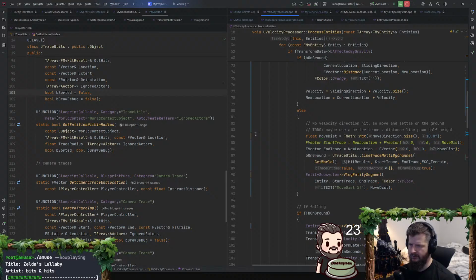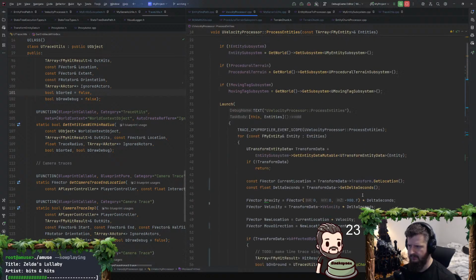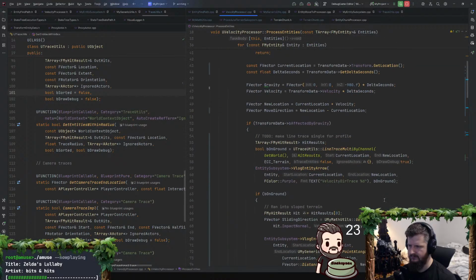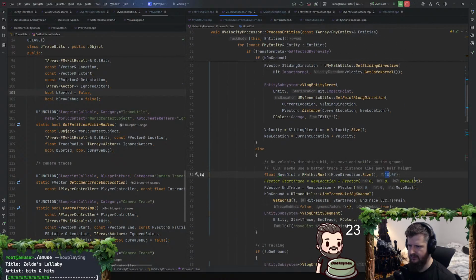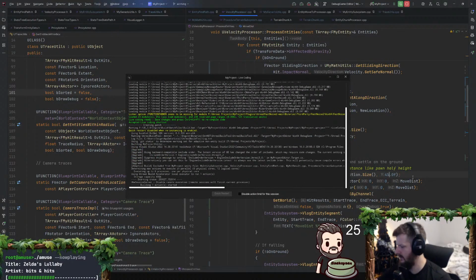And so what are we doing? For the yellow line trace that's trying to find the ground, yeah, pawn half height is probably good. But we'll change that to 90. Plus or minus 90. What's half of 90? We'll go 45. Plus or minus 45. So we'll get a little bit better there.